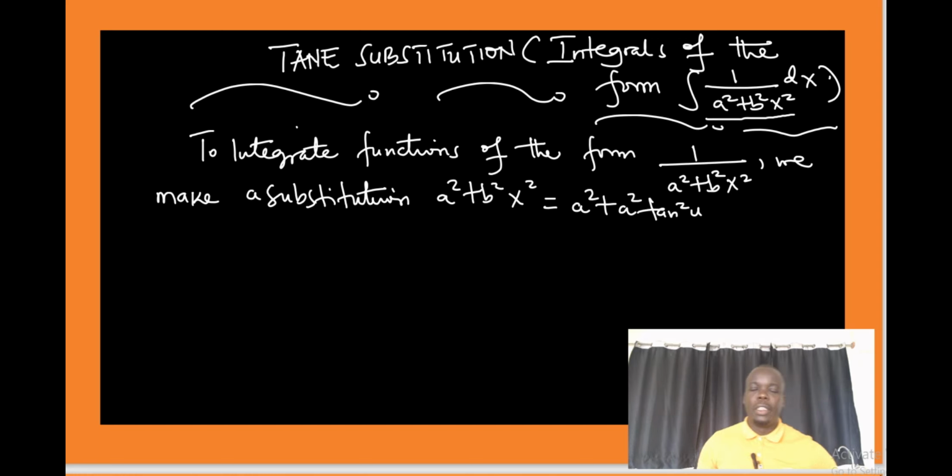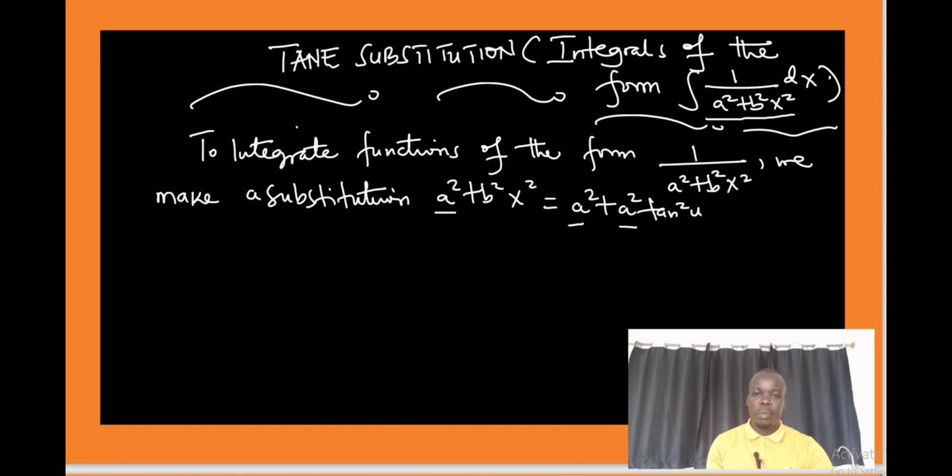I've just decided to use u as my new variable, but someone else can use any other variable. I've maintained this constant a squared, and that is what I have here as a squared plus a squared tan squared of u.